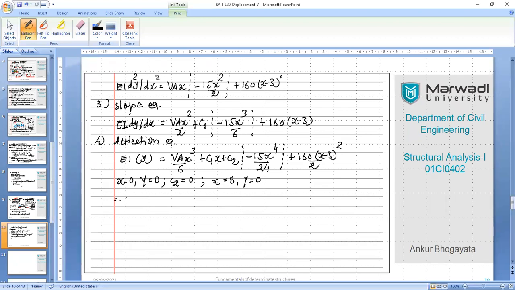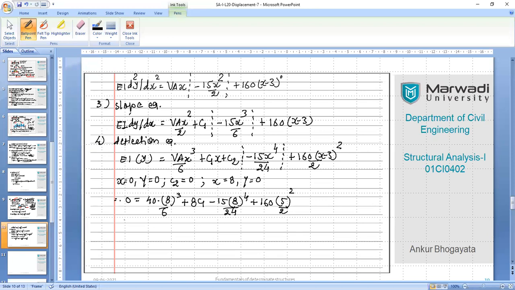So this means 0 equals, how much is VA? VA value is 40, into x is 8, so that is cube, over 6 over here, plus 8 times C1, minus 15 times 8 raised to 4 upon 24, plus 160, and 8 minus 3, that is 5 square upon 2.